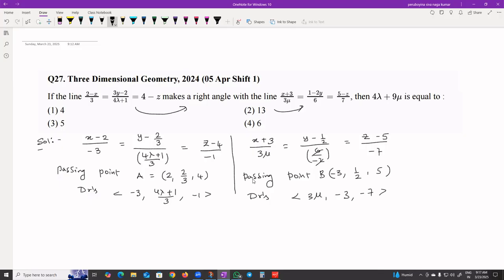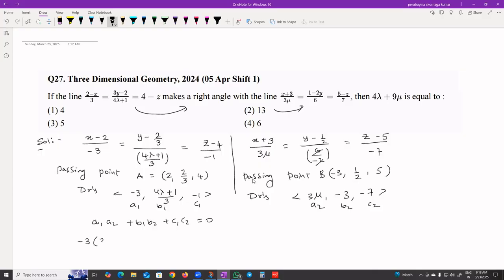So after identifying the DRs and everything, say it is A1, B1, C1, and this is A2, B2, C2. We know that if they are perpendicular, A1, A2 plus B1, B2 plus C1, C2 equal to 0.